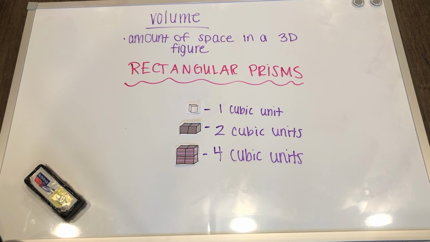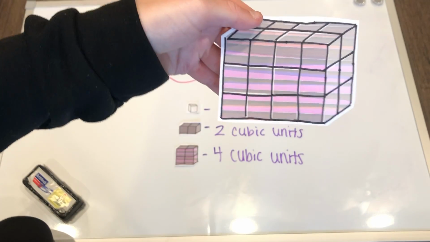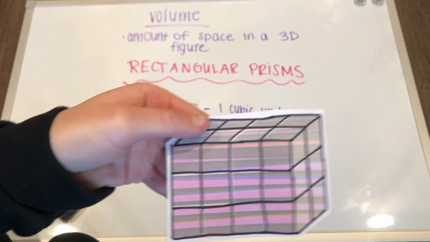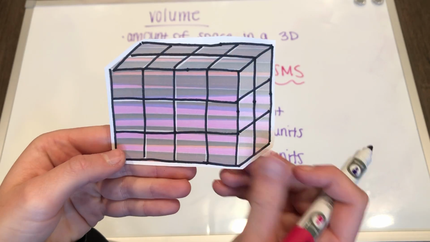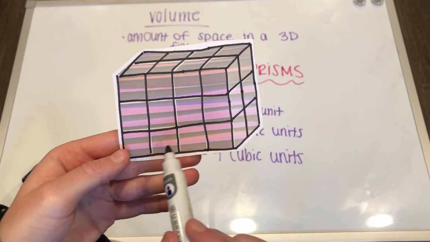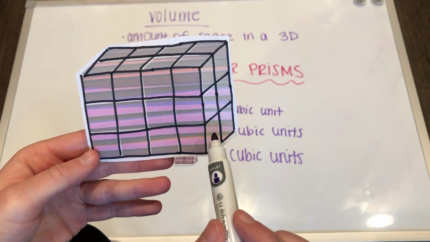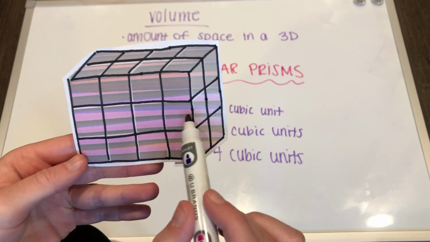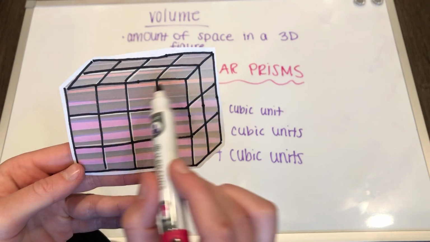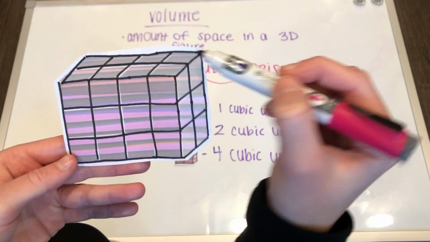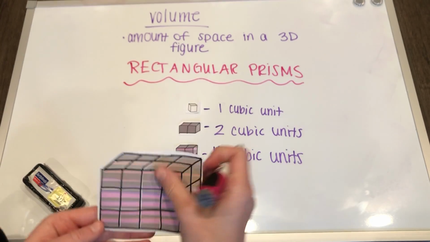Now I can look at a figure like this. So I can count all my cubes, so I can say 1, 2, 3, 4, and then 5, 6, 7, 8, 9, 10, 11, 12, and then I have a second layer behind it, so that's 24.